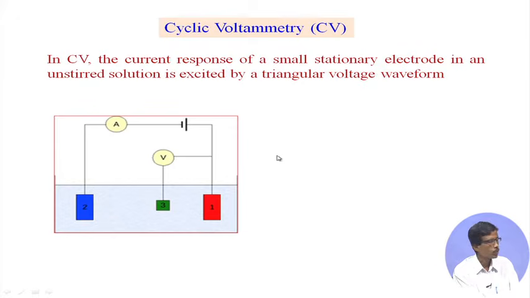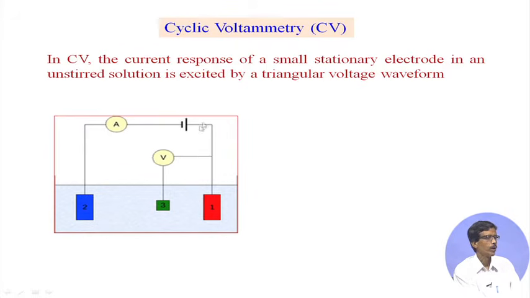This is the most important thing: you can be given this typical block diagram and asked to label the different parts, which is A, which is V, what the 3 electrodes are, and where the corresponding external source for the measurement is, because everything is in your electrochemical cell.